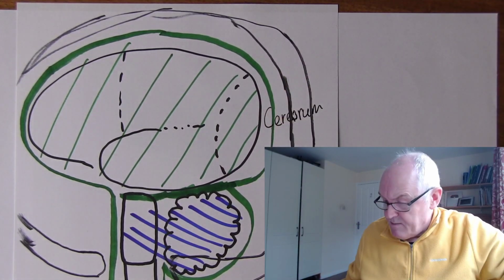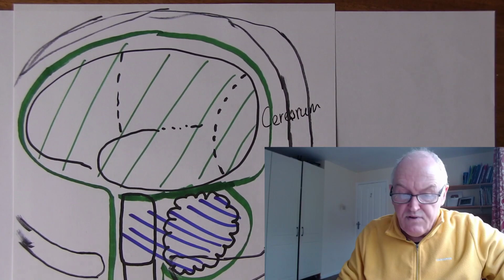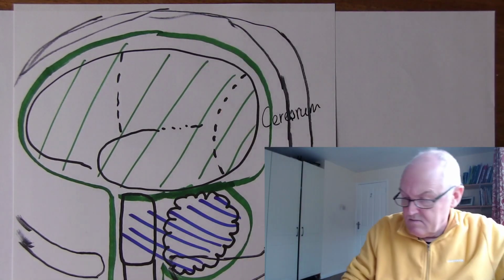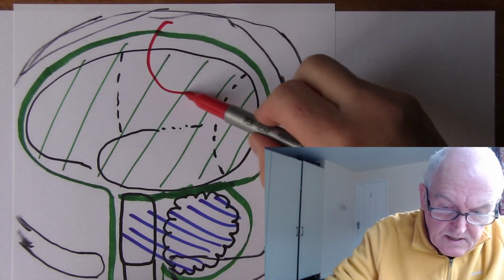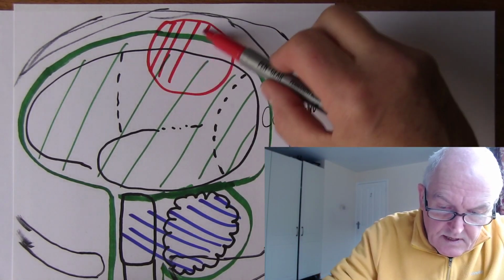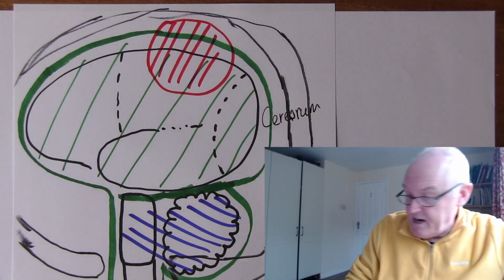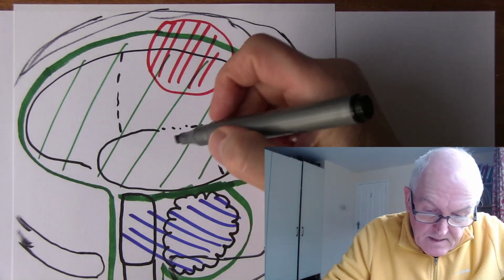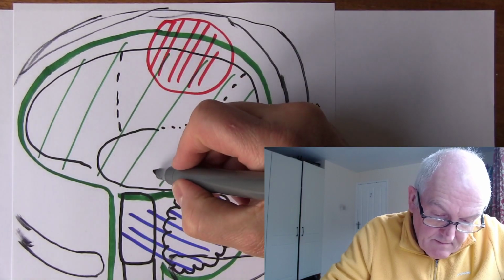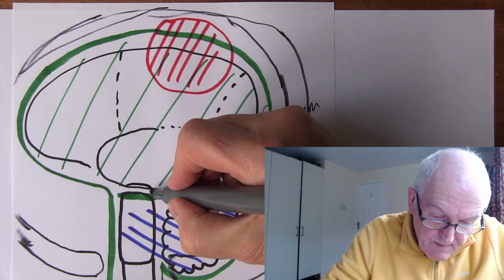And this is important to know about, because if there's an increase in the intracranial pressure, for example, if you've got a blood clot up here or something, if there's a space-occupying lesion, such as a hematoma that's putting pressure on the brain, that can force part of the brain down through the membrane like that.